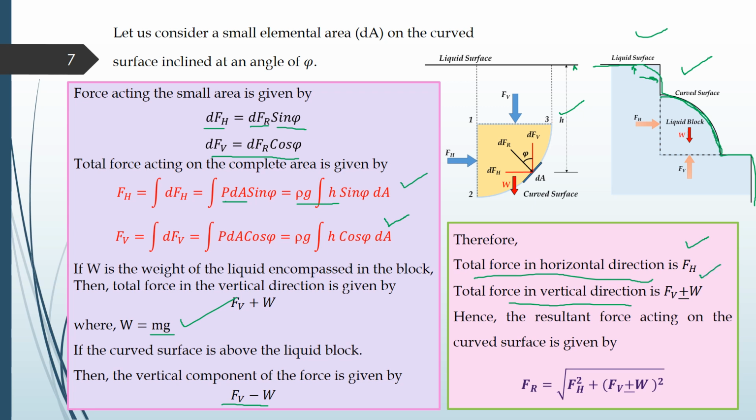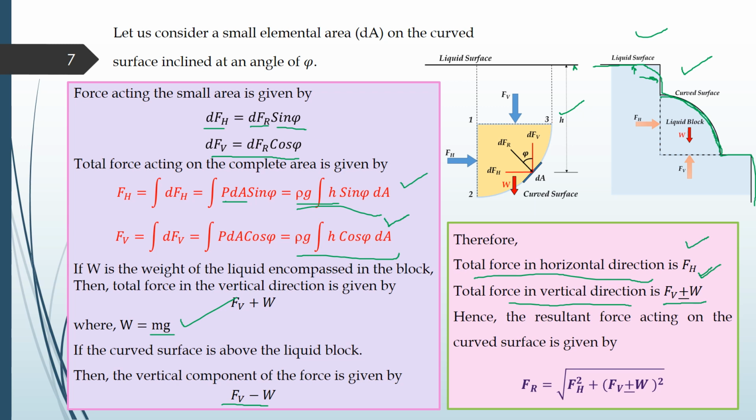Depending upon the type of the curved surface you have, or depending upon the liquid, whether it is above the surface or whether it is below the surface. So we have to adjust accordingly to find out the vertical force. And horizontal force will remain the same, and Fv and Fh we can find out by using these formulas.